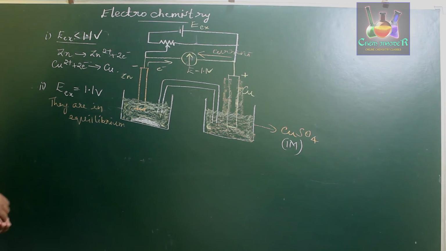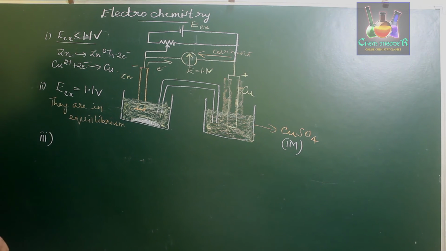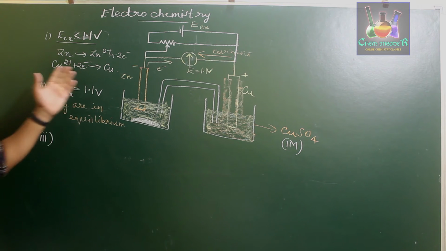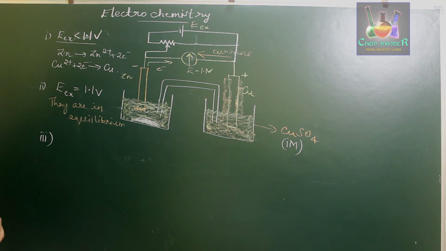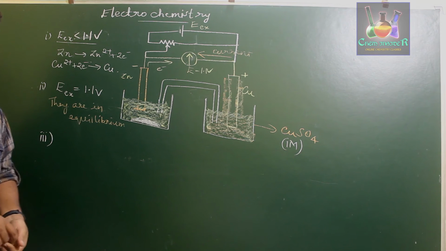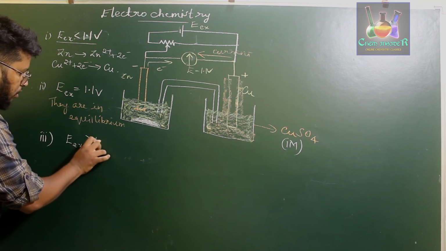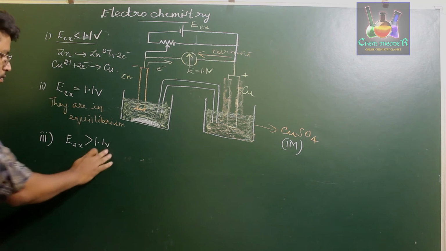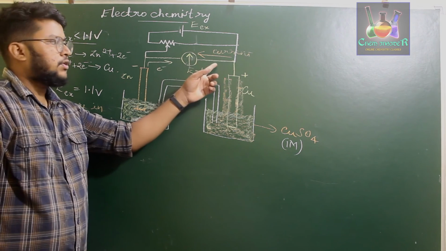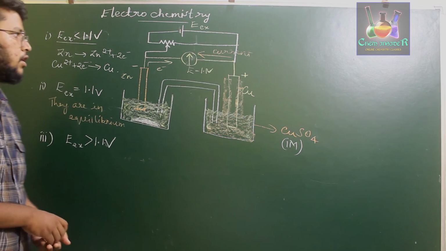Now consider the third condition. What happens if you increase the external potential to more than 1.1 volts? If E_ext is greater than 1.1 volts, the electrons get opposed by the external potential.